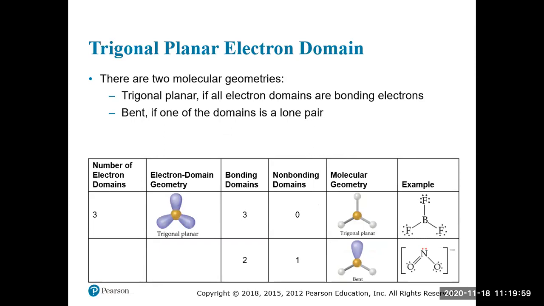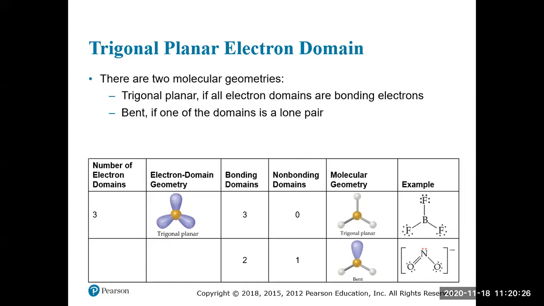So in other words, we have an atom bonded to the central atom. And then the other choice is if we have one lone pair of electrons as one of our electron domains, so one non-bonding domain. So in the first example, we see the BF3, we see that it also is trigonal planar when we have 3 atoms bonded to that central atom.